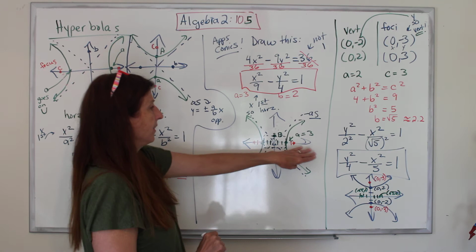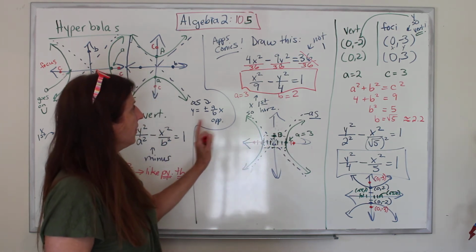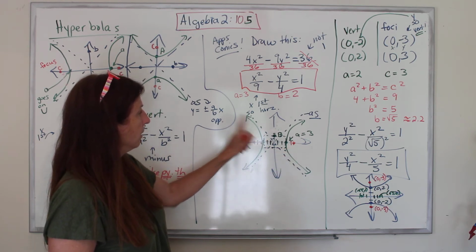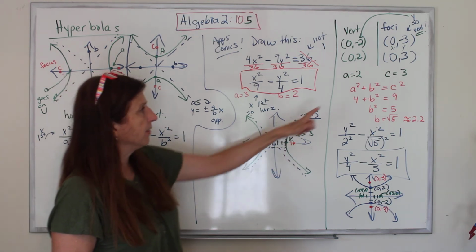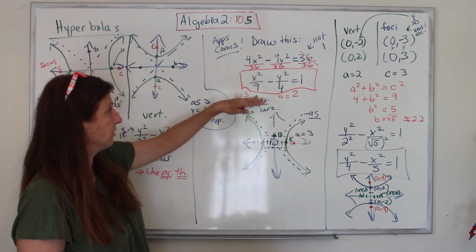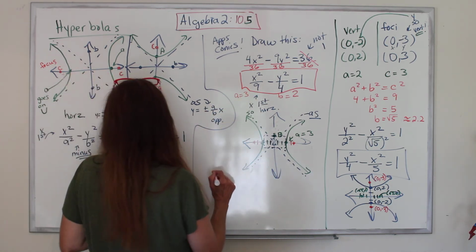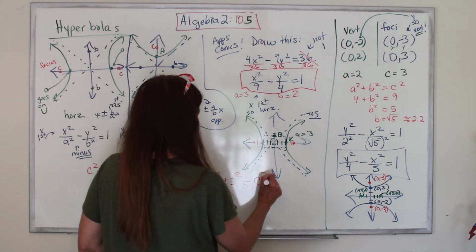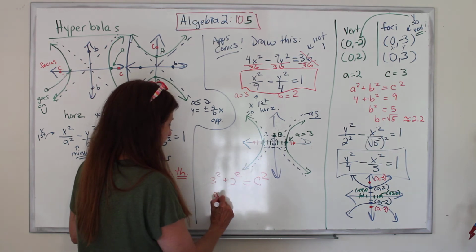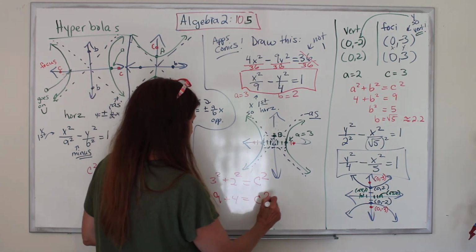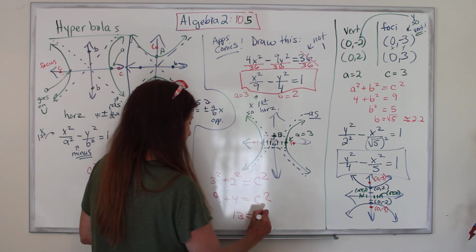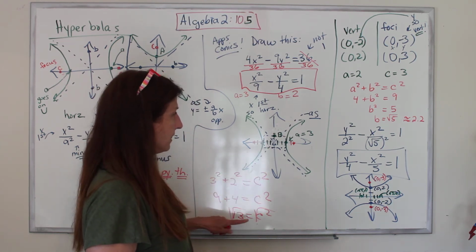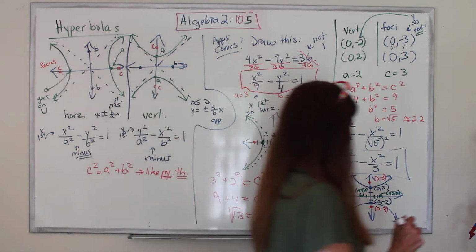They didn't bother with the focus, so don't worry about it. You could solve for it by doing 3 squared plus 2 squared equals c squared. So 9 plus 4 equals c squared, so 13 equals c squared, c is the square root of 13.